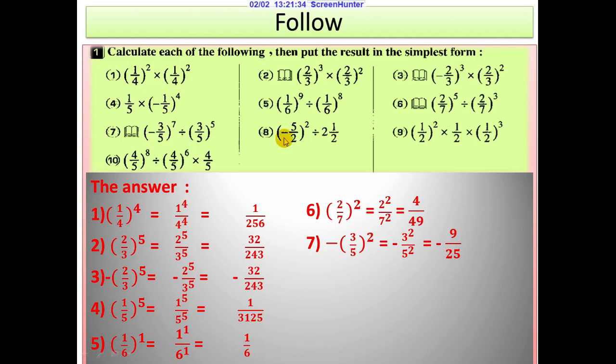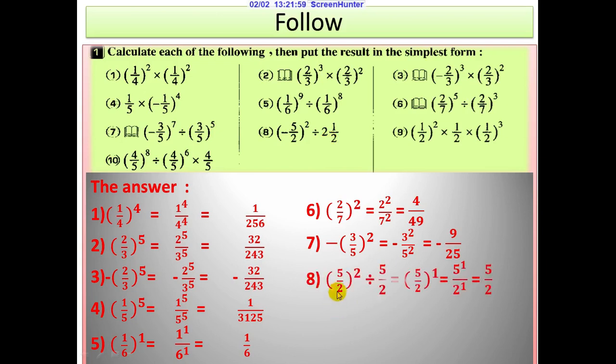Number 8 here, (negative 5 over 2) raised to power 2 divided by 2 and a half. They are not like bases, but you note this is a mixed number, so we can change it into a fraction by using your calculator. It will be equal to what? Yes, let's see.